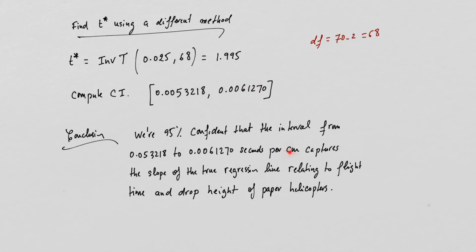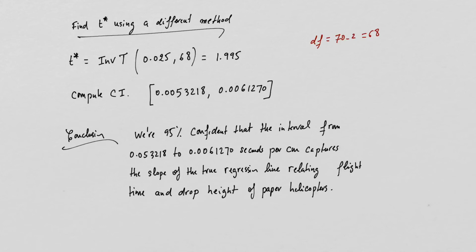In seconds per centimeters, captures the slope of the true regression line, that is called beta, relating flight time and the drop heights of paper helicopters, basically relating these two. So that's how you draw the conclusion in the context of the problem.